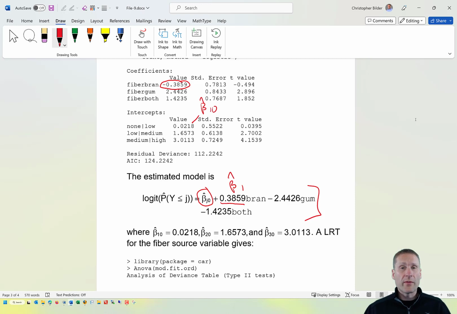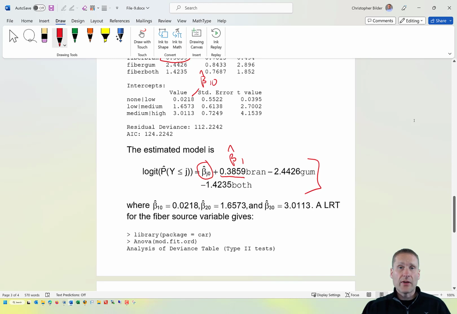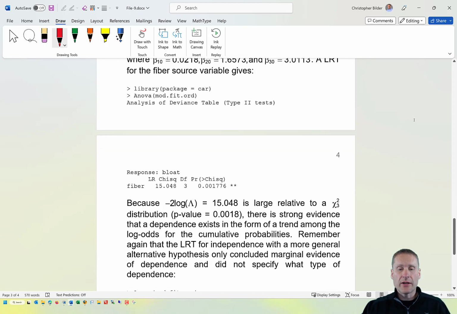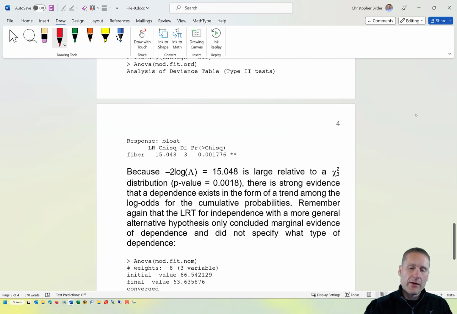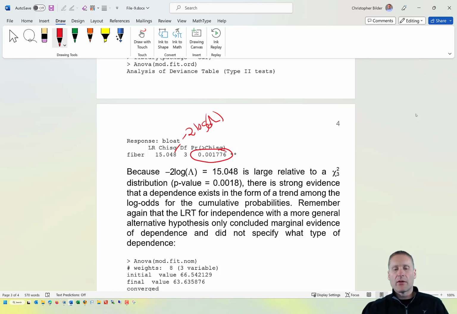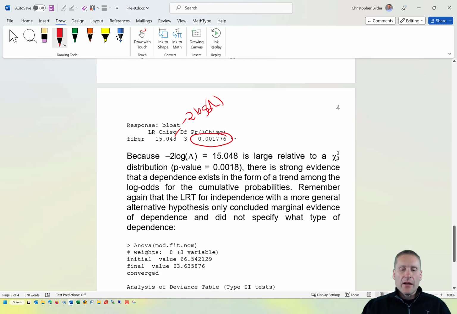To perform the test for independence, we can use a likelihood ratio test. Again, we can use our anova functions for that purpose. I'm going to use the capital Anova function here. So here is my -2 log lambda statistic. My p-value is 0.001776. I have degrees of freedom associated with this test of 3.